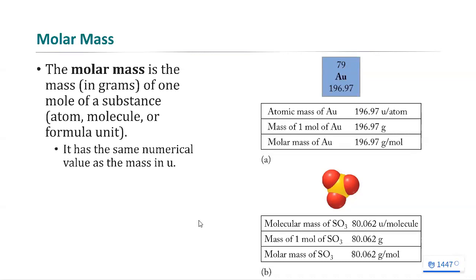If we take the mass of 1 mole of sulfur trioxide molecules, it would weigh 80.062 grams. So while that calculation using AMUs was really important, it got us to know what those values on the periodic table are. Understand that it means exactly the same thing in grams if we're talking about 1 mole of those substances.